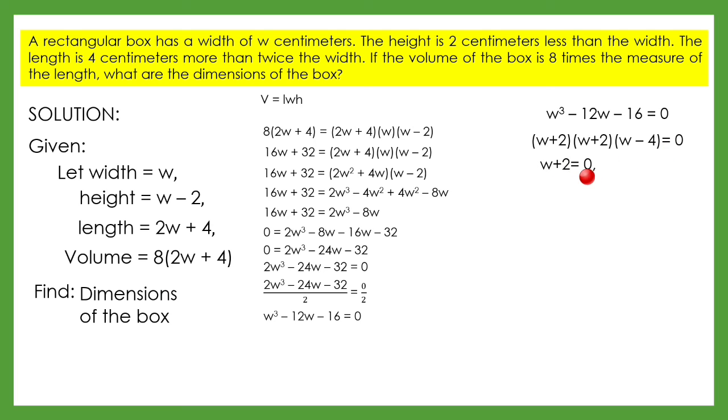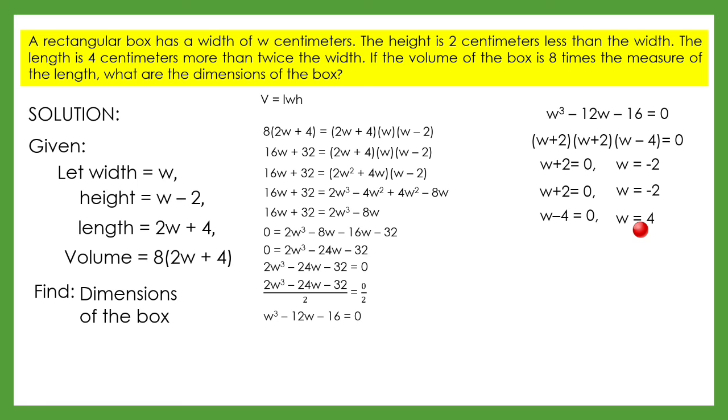W plus 2 equals 0, W plus 2 equals 0, and W minus 4 equals 0. Let's solve for W. So, yung positive 2, itatranspose natin, magiging negative 2. So, the same, W equals negative 2. Lastly, negative 4, itatranspose natin, magiging positive 4.